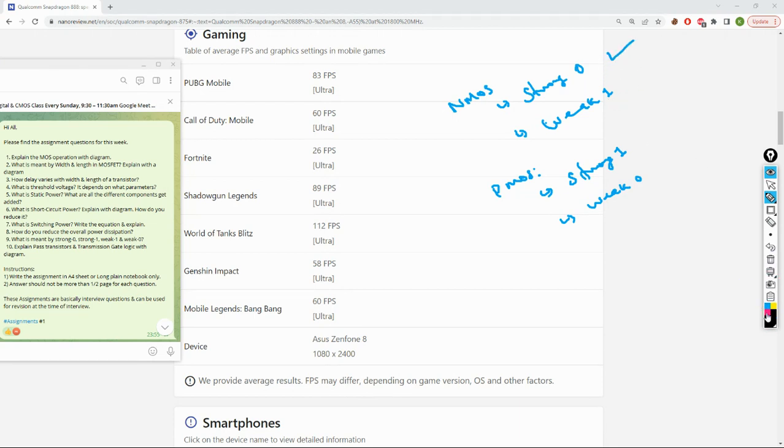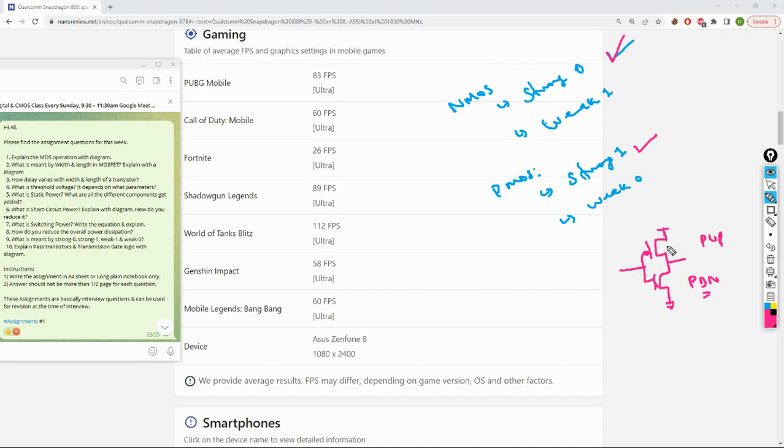So NMOS is at the bottom, PMOS at the top. That is the reason we have a circuit like this. Okay, this is what we call pull up, and this is what we call pull down.